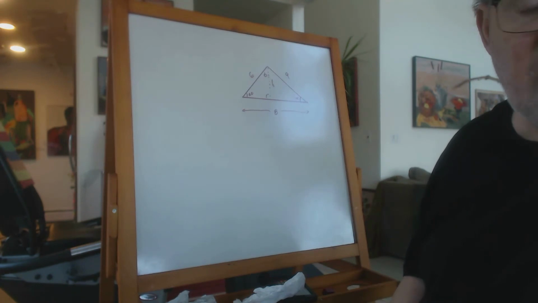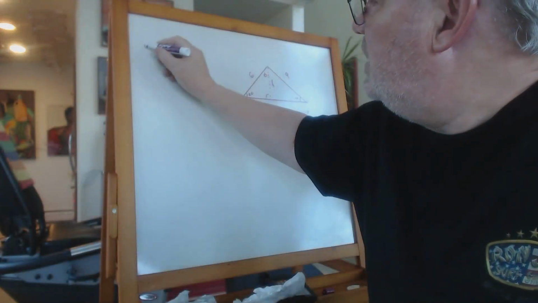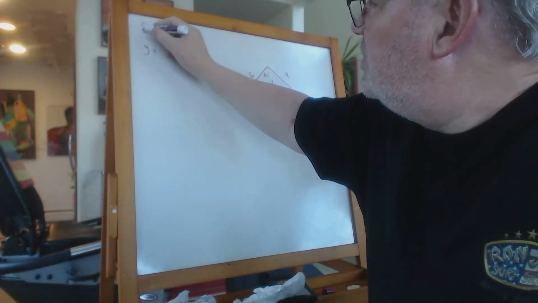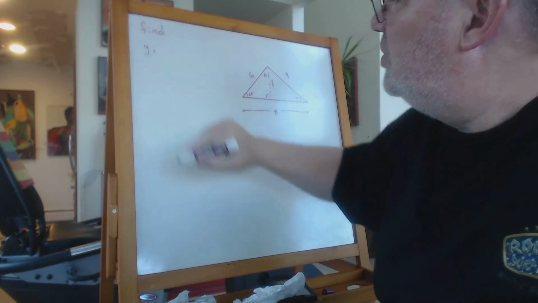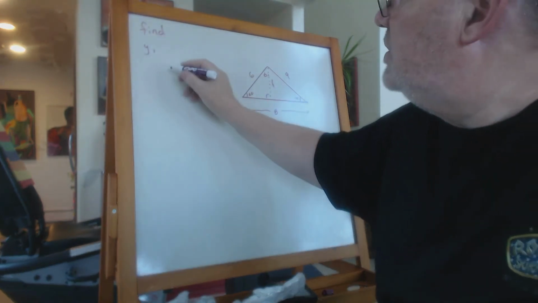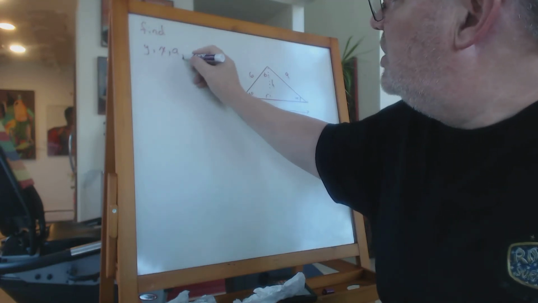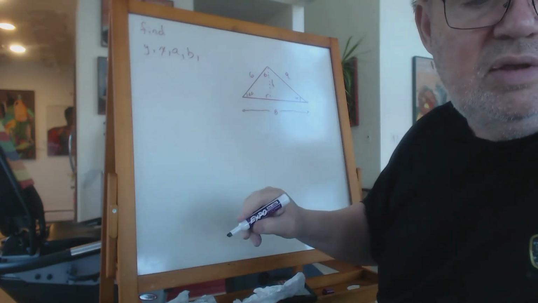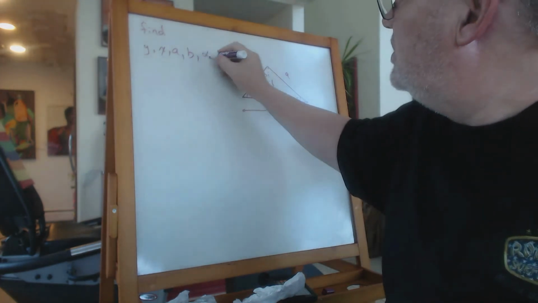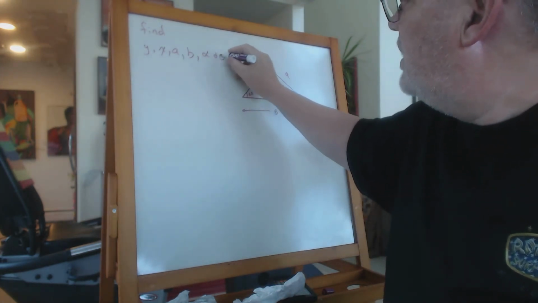So we are to find y, x, a, b, alpha, and phi.